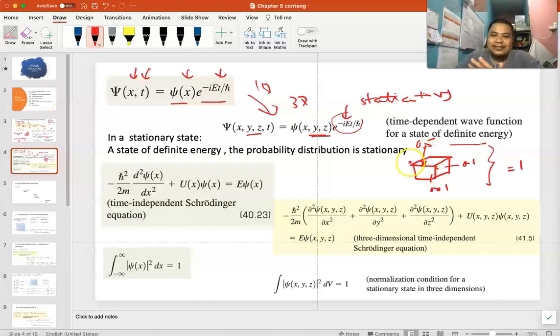So just consider the stationary state means that it is a state of definite energy, so it has a state of energy E, and then the probability distribution is stationary, maknanya is not changed with time.